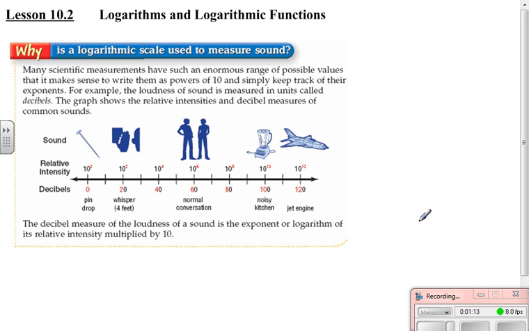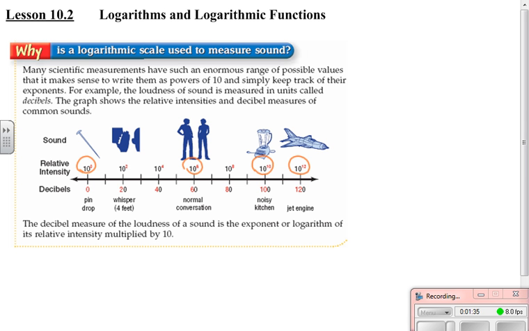So the relative intensity of a pin drop is 10 to the 0, barely registers. Normal conversation is 10 to the 6th, noisy kitchen 10 to the 10th, a jet engine 10 to the 12th. If you were trying to actually write those numbers out, they would be huge.